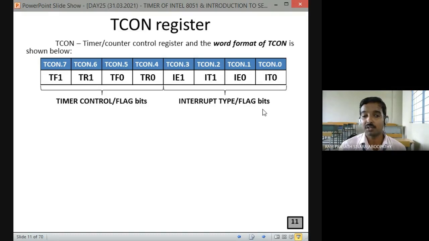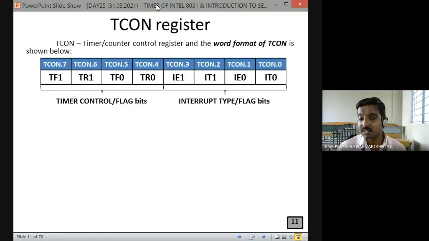One is to control the timer or counter operation. The other is that it can also be used to choose or program your interrupt. But the name is Tcon only. We are going to concentrate only on the upper 4 bits because they are related to timer or counter operation.